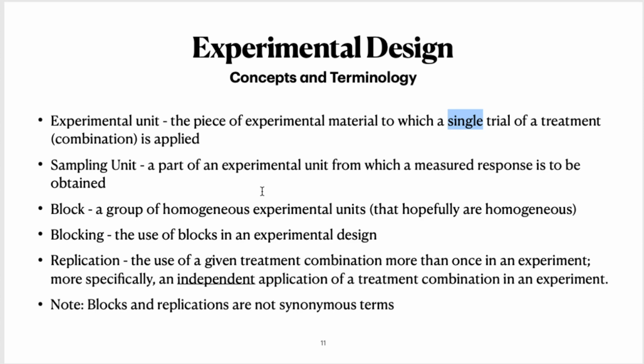So blocking in and of itself does not necessarily mean that the experimental units within the block are homogeneous, but that is certainly the goal. So a block is a group of experimental units that are hopefully homogeneous. Blocking is the use of blocks in an experimental design.